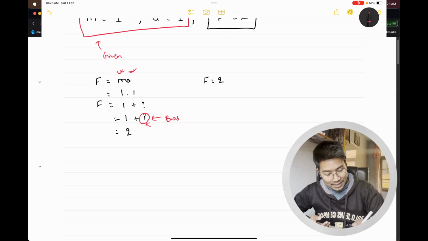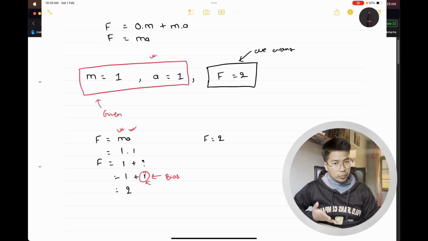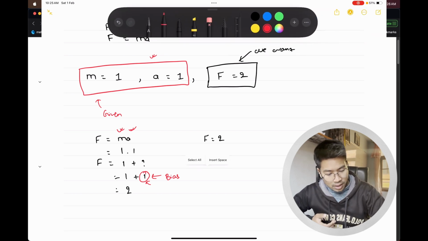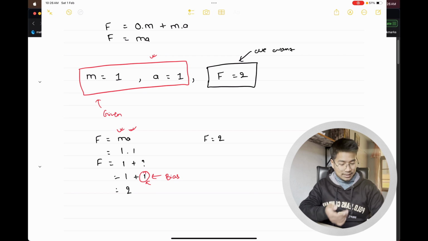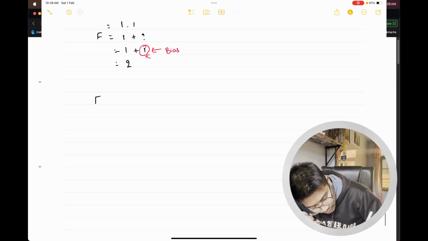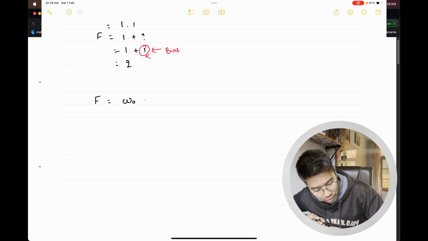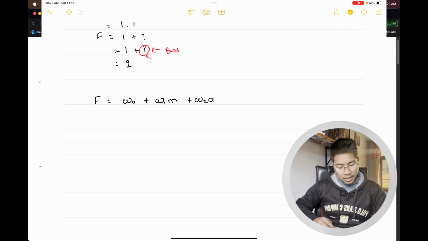So even when your mass is 1 and a is 1, you can still get your force to be 2. So that's what that bias is for. That is for correcting the output in case there is some case like this. So that's why we should always have that bias term: w0 plus w1 m plus w2 a, right?